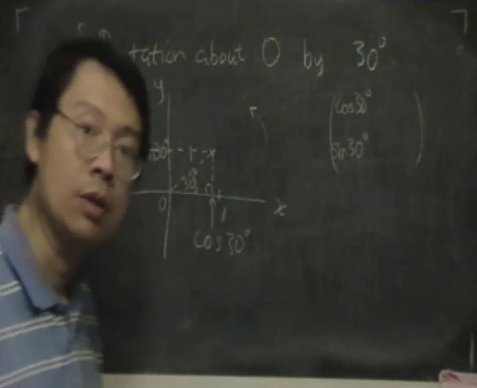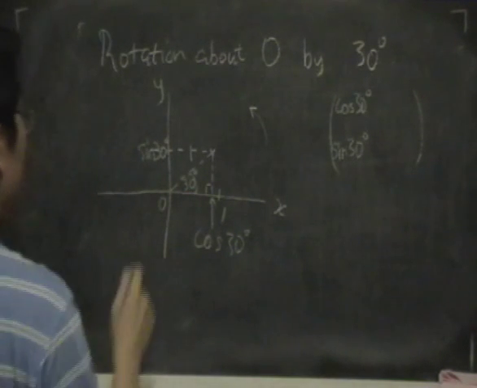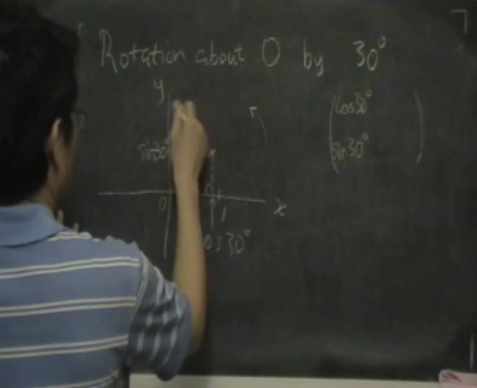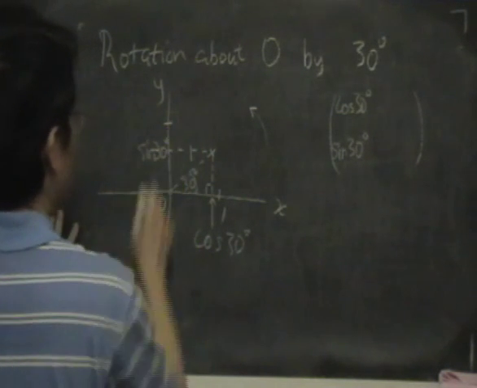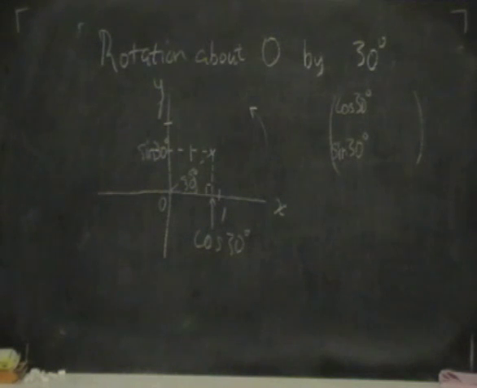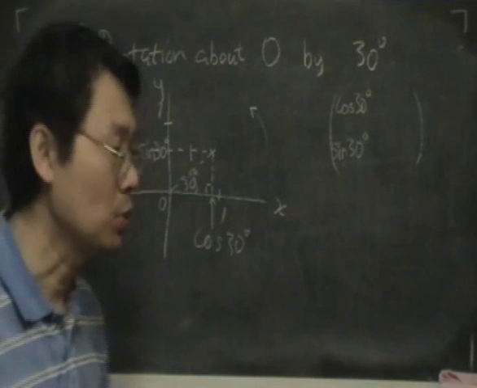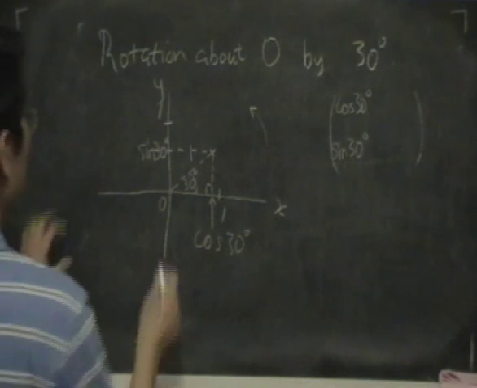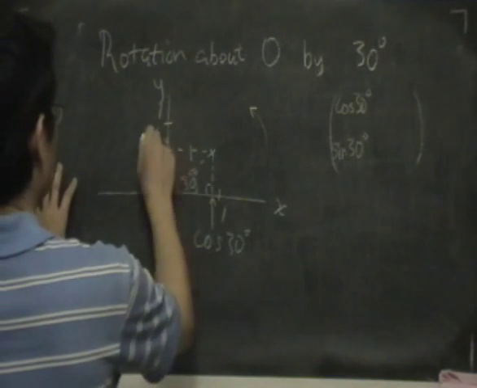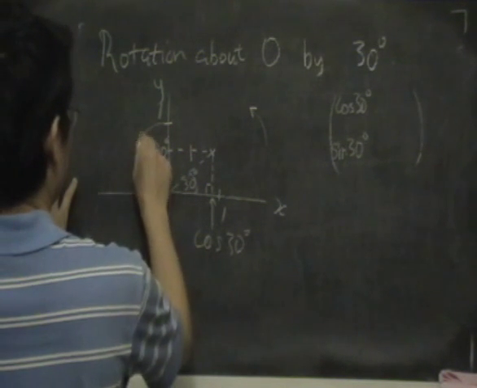Next, for the second column, we look at the 1 on the y-axis. We have to rotate that by 30 degrees as well. So if I rotate that by 30 degrees, it comes here.